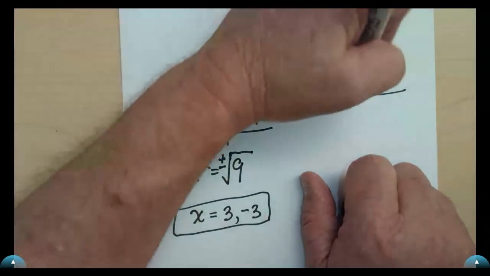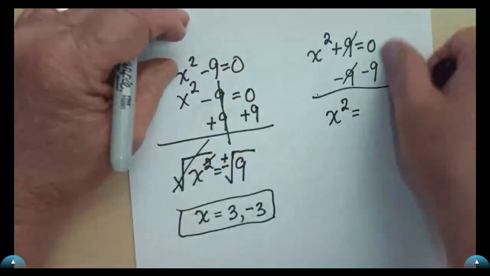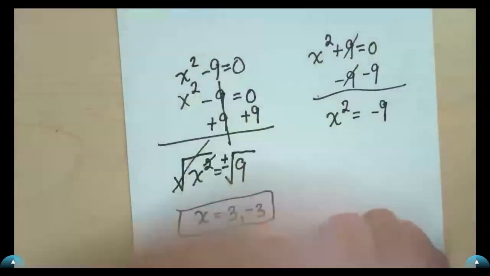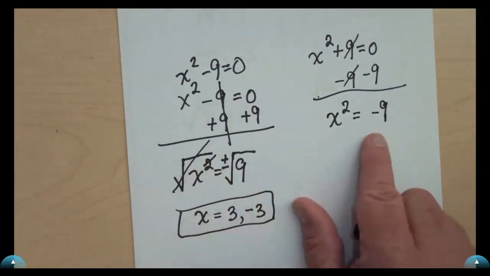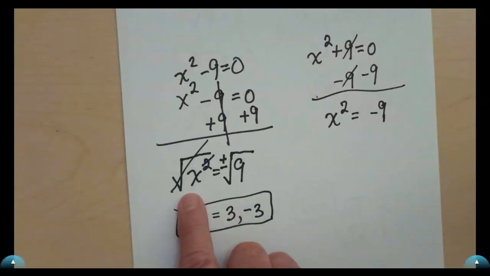And when I do, I get x squared equals, well, 0 minus 9 is negative 9. And so you can see how these mathematicians, when they start working on, for instance, solving second degree equations, run into that situation. Because remember, what we did to solve that equation was take the square roots of both sides.